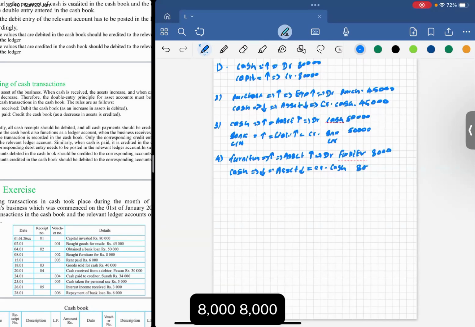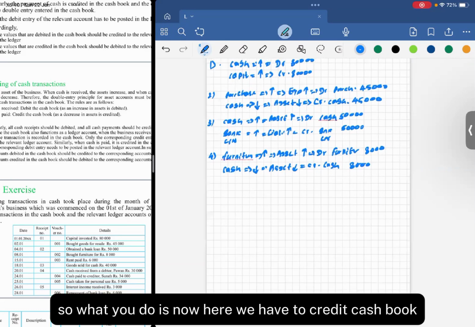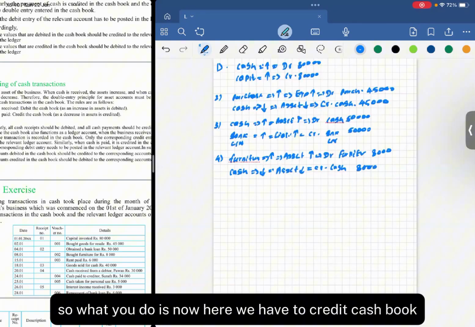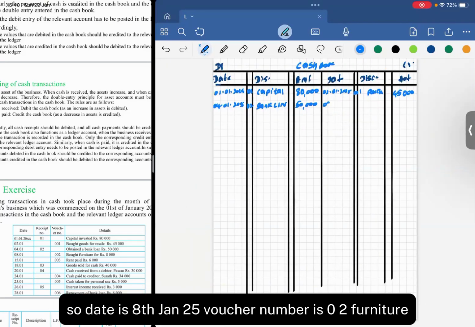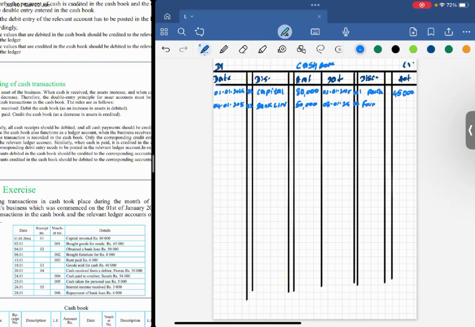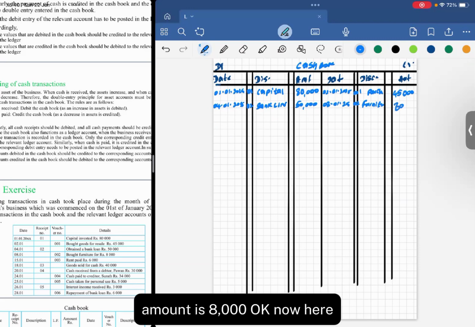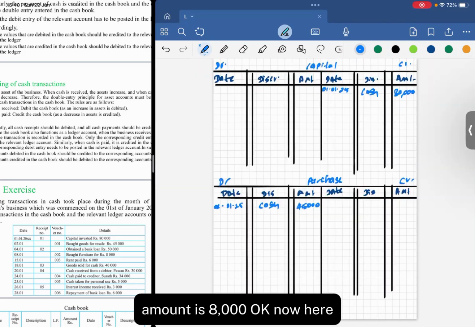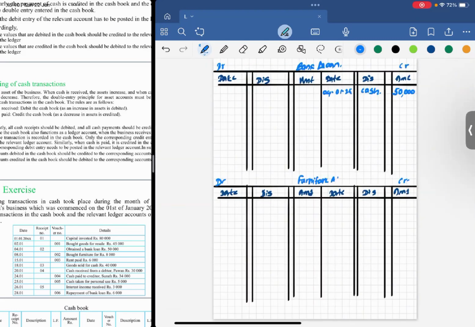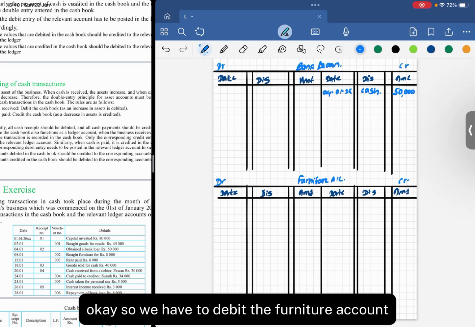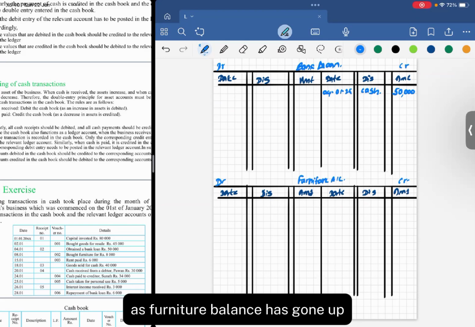By how much? 80,000. So now here we have to credit cash book. Date is 8th Jan 25, voucher number is 02, furniture, amount is 80,000. Now in the furniture account, we have to debit the furniture account as furniture balance has gone up.